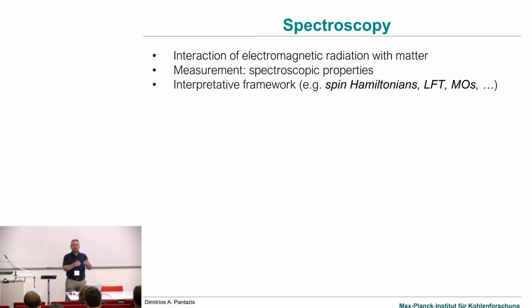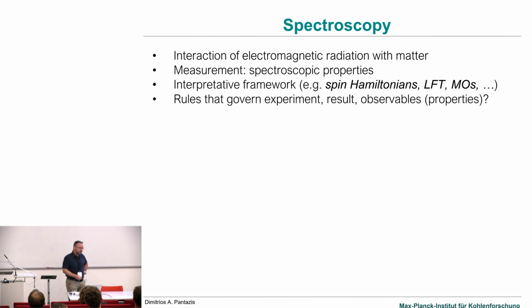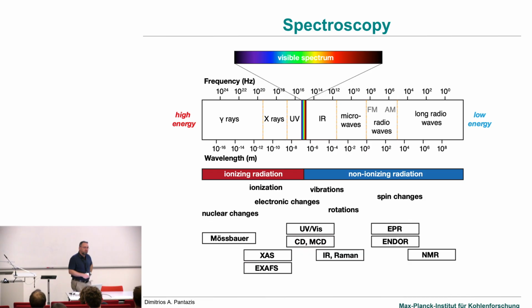So for example, from an EPR spectrum, we not necessarily read all the spin Hamiltonian parameters, but we can fit the spectrum and deduce some parameters that fit to a specific framework, like spin Hamiltonians. And we want to use the rules that govern experimental observations, and we want to make connections with quantum mechanics.